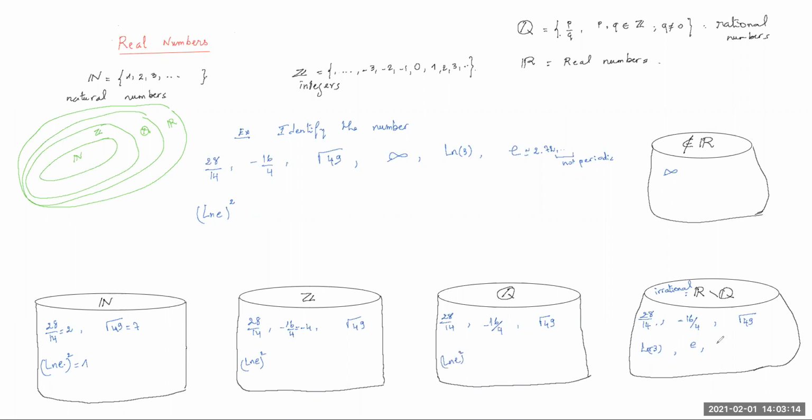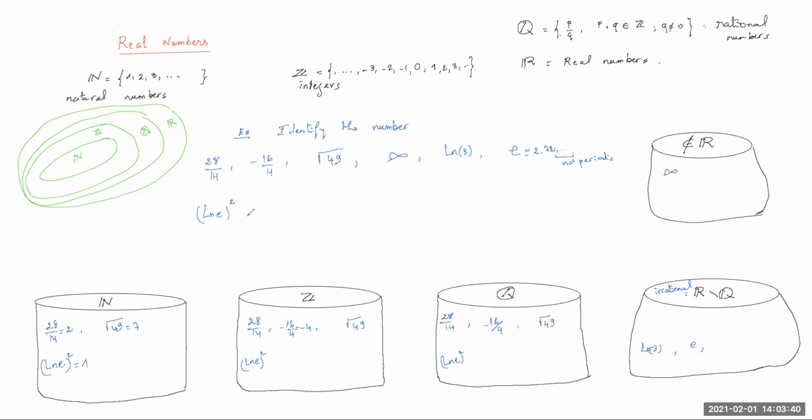It's not irrational. Oh, sorry, here I made a mistake. Square root of 49 is 7. Here I said irrational. Those are not, they are integers. So they are not irrational. Correct.